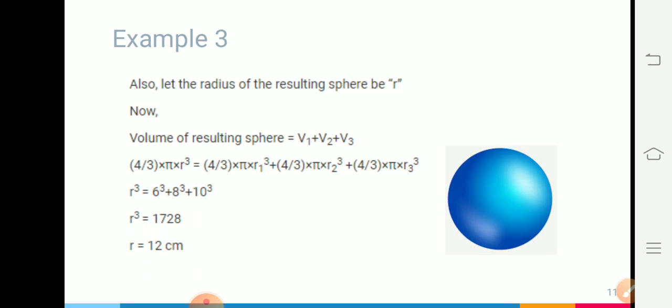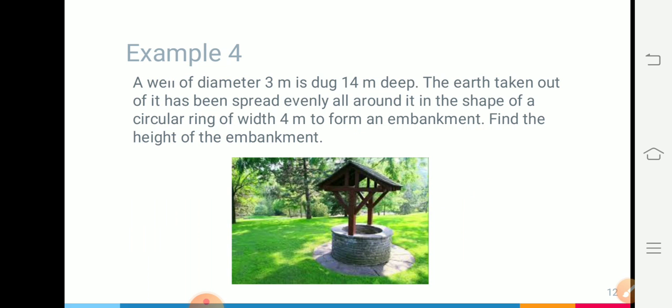So once you add all, you will be able to get the radius of the resulting sphere. So once again over here, r cube is equal to 1728. You need to take out the prime factors of this number so that you can club it into groups of 3. So 12 centimeter is the radius of the sphere.